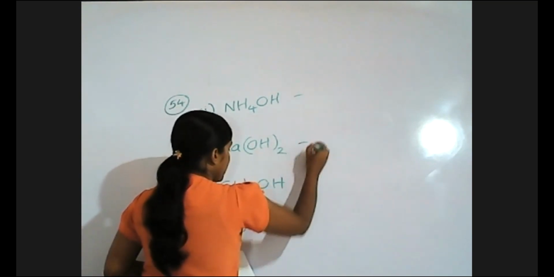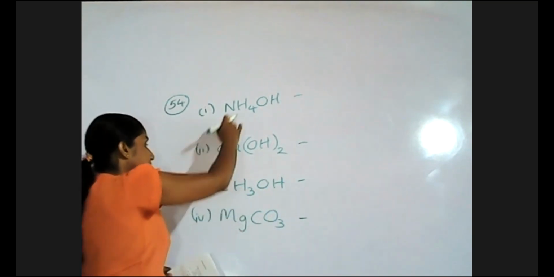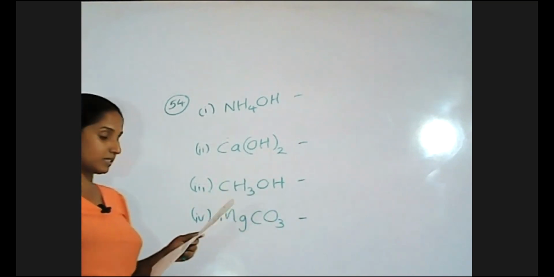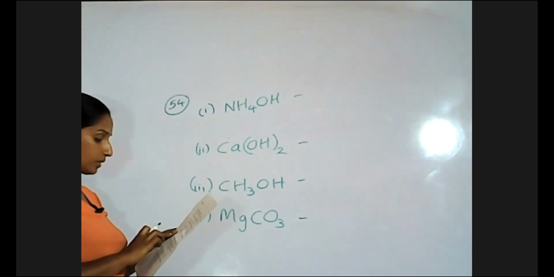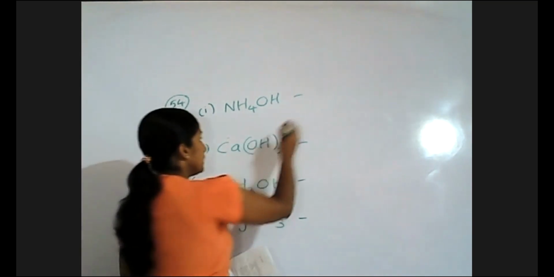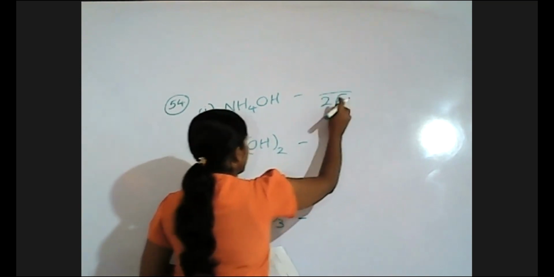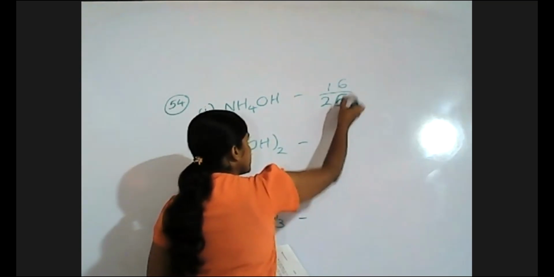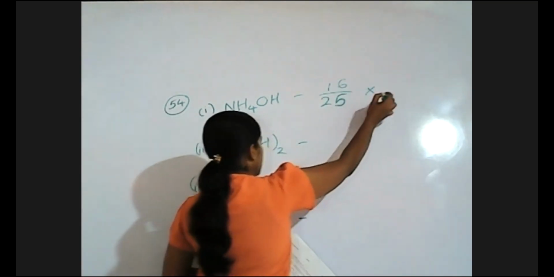First, we have to get the relative molecular mass of these four. That is why you are given the relative atomic masses. If it is ammonium hydroxide, the relative molecular mass is 35. Here only one oxygen, that means 16. Is this half? No. So not this one.